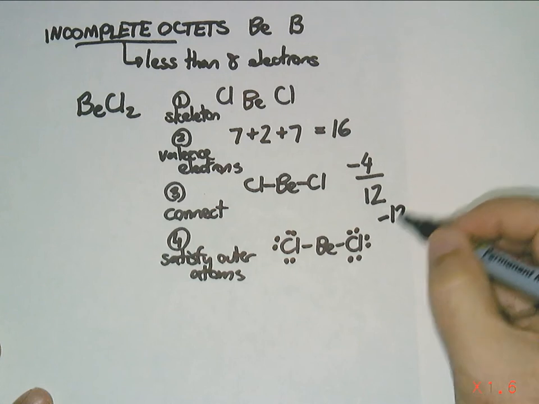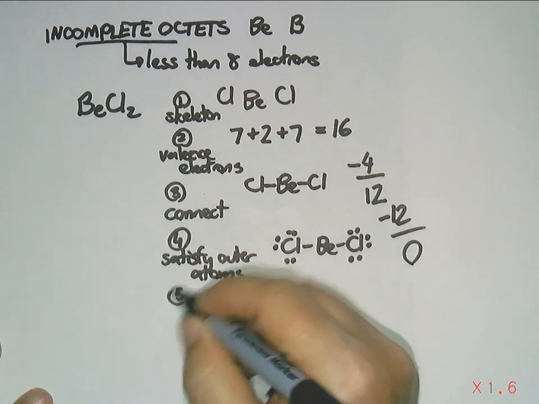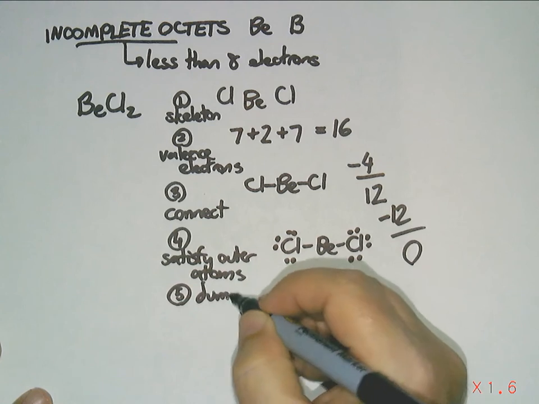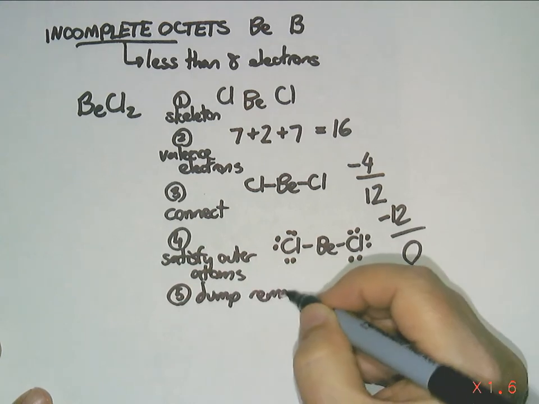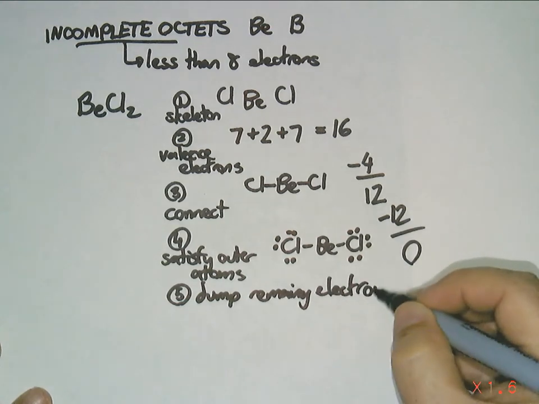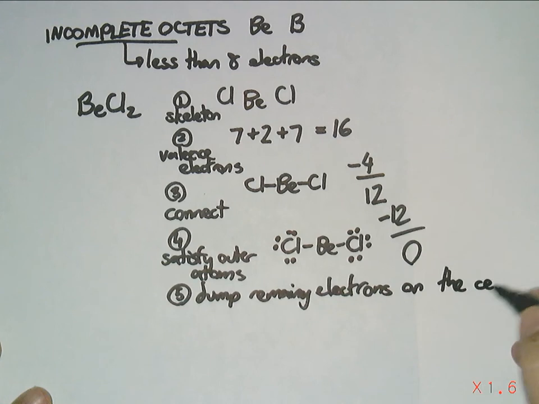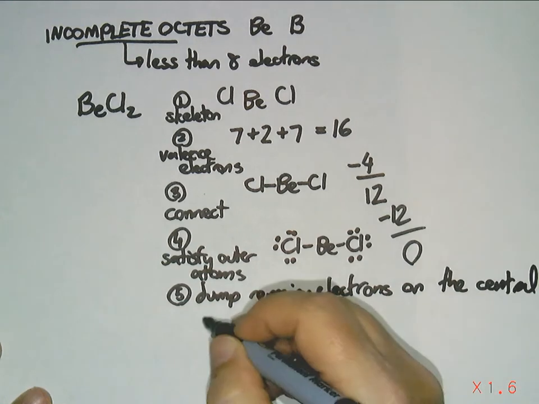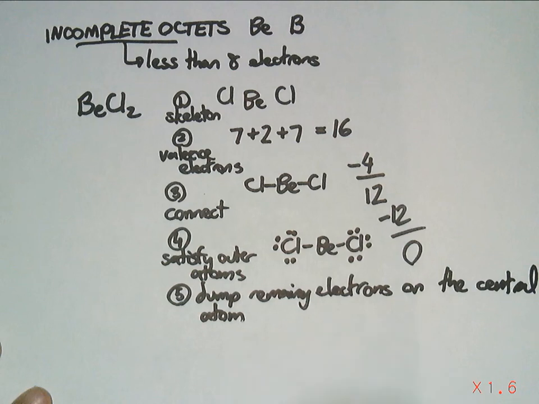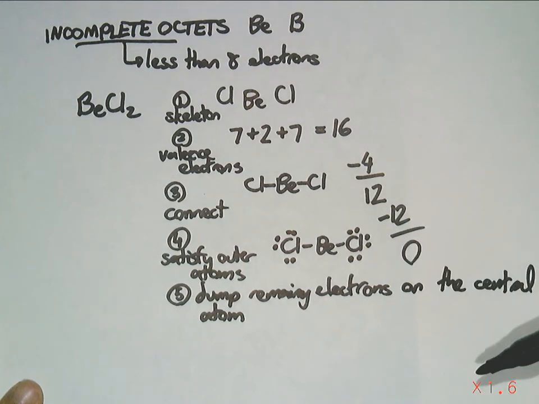So I took away 12, and I've got none left. Step 5, dump the remaining electrons on the central atom. Okay, well I have no remaining electrons to dump there, so that's what I've got.